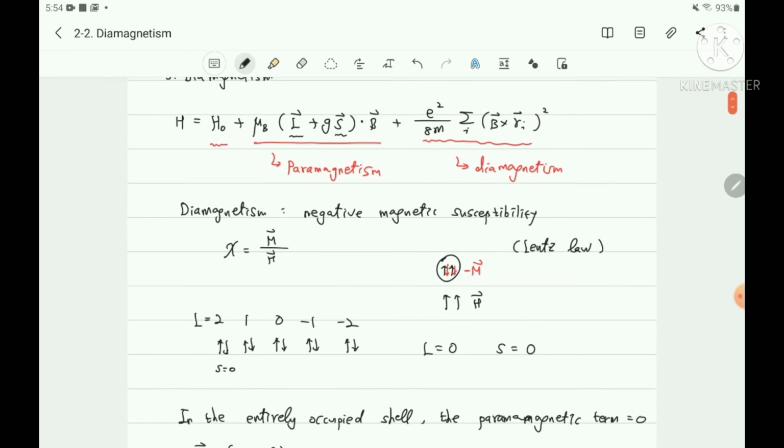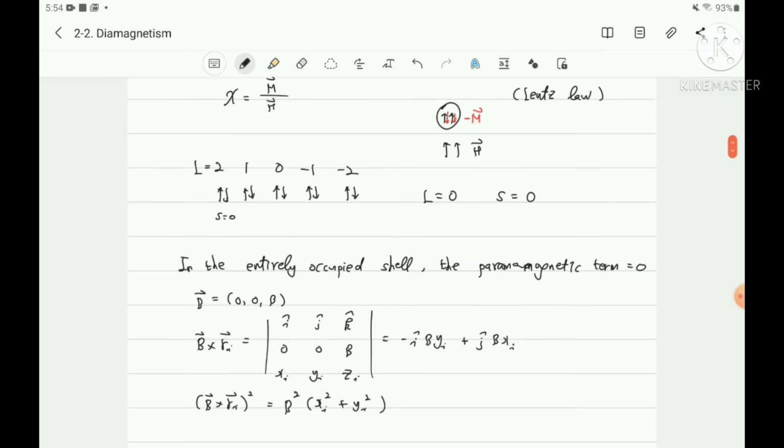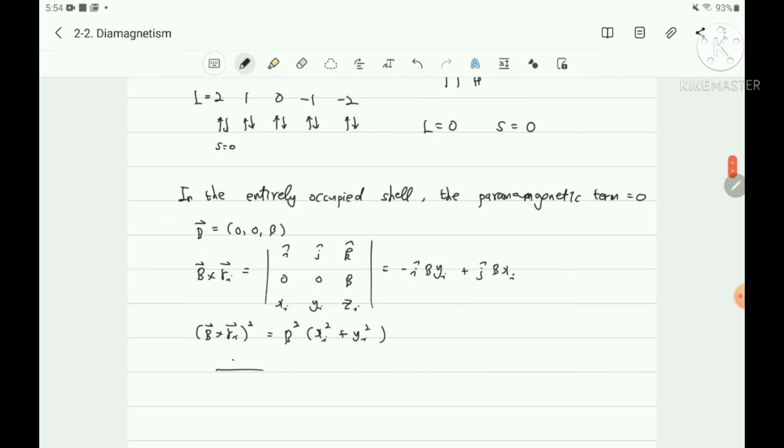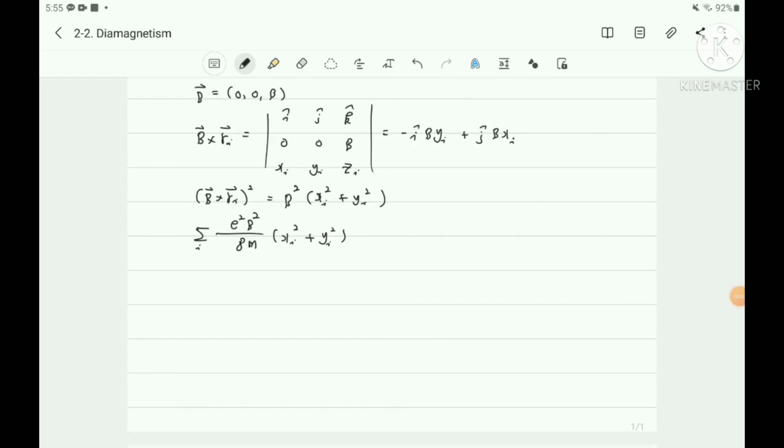Therefore, this diamagnetic term has e squared B squared over 8m times (x_i squared plus y_i squared), summed over i. It is the diamagnetic term. Basically, this diamagnetic term is very small compared with the zero-field Hamiltonian.